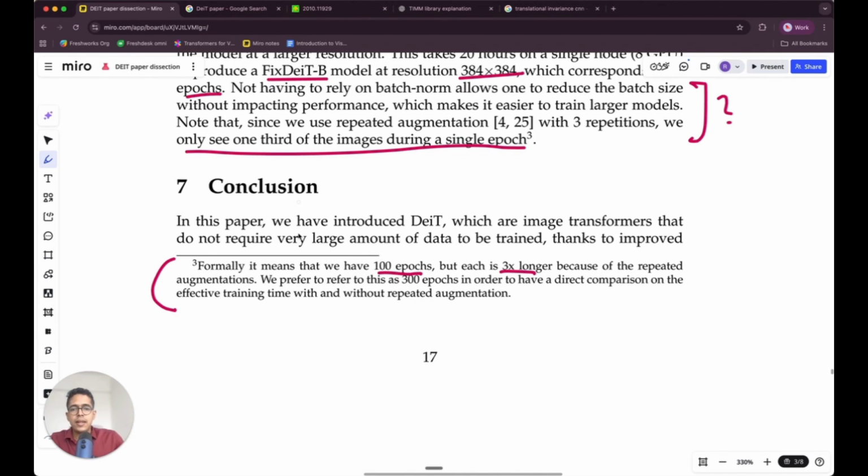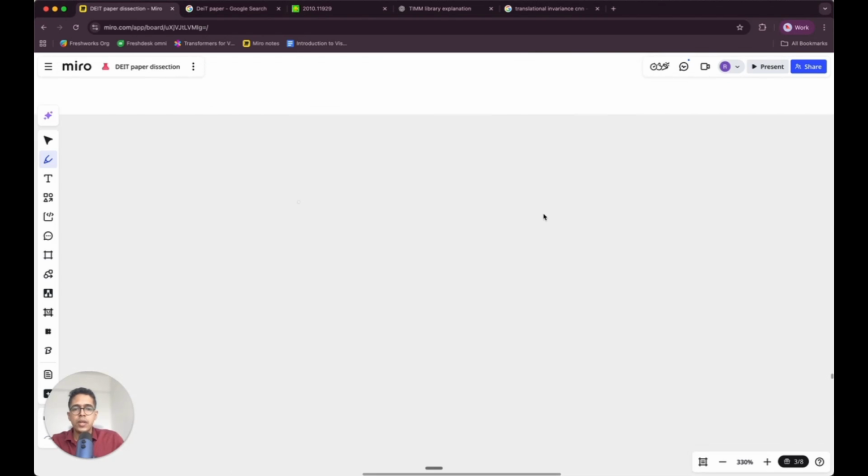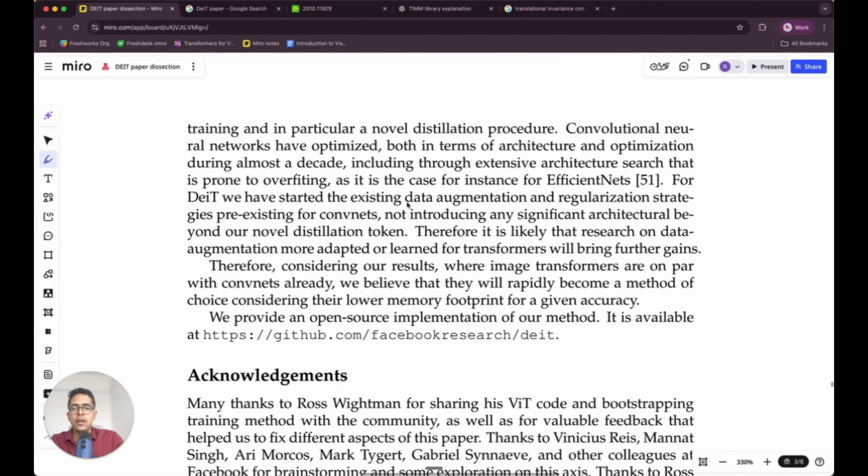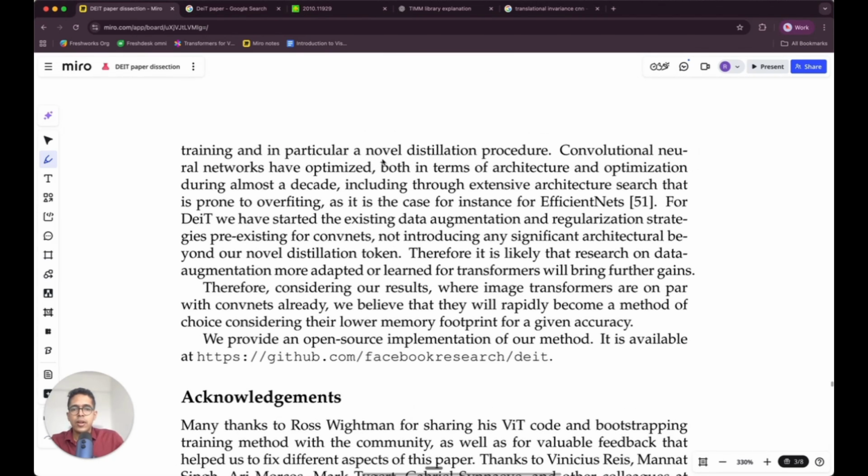Basically in this paper, they introduced DEIT, which are image transformers that do not require a very large amount of data to be trained, thanks to improved training and in particular a novel distillation procedure using a distillation token, of course. CNNs have been optimized both in terms of architecture and optimization almost during the decade from 2012 to 2020 plus.